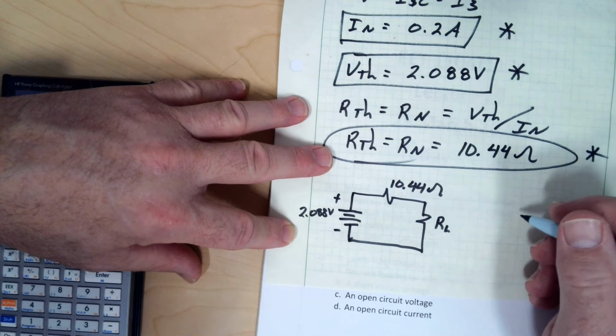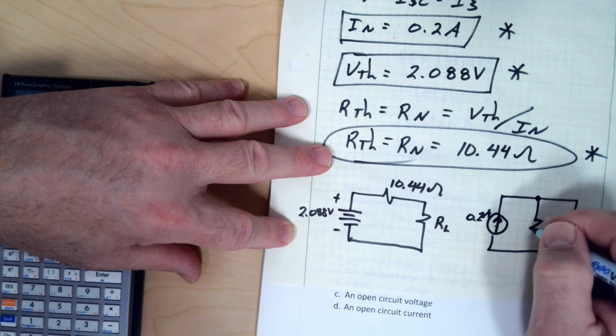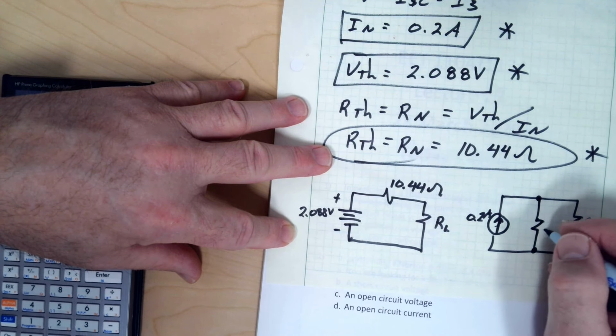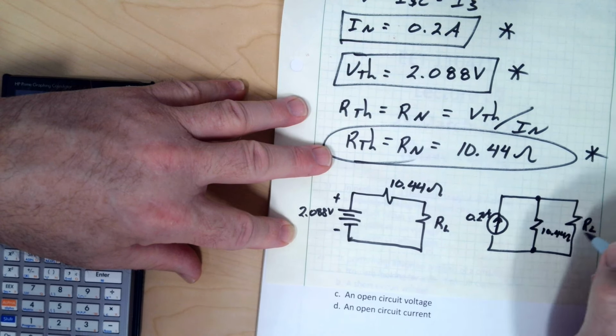Now we want our Norton circuit. I got a positive value for the current, so I'm going to point it up, and that's 0.2 amps. Here's our load resistor. And the Norton circuit, the Norton resistance goes in parallel, so that's 10.44 ohms.